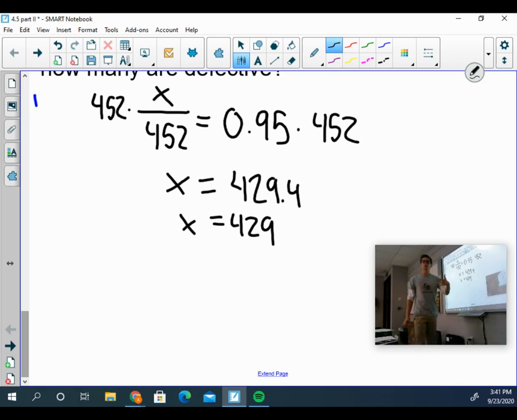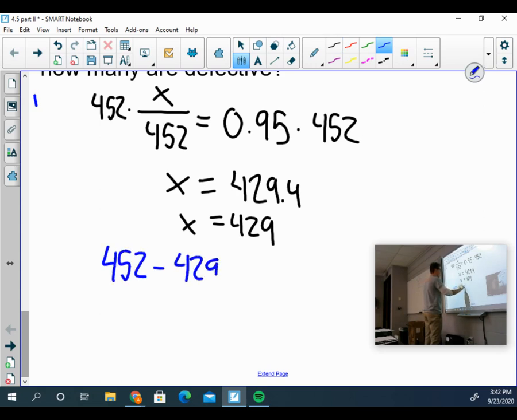How do I figure out the defective ones? Use the complement. If there's a 95% chance that a laptop's working normally, and there are 452 in the store, and we use that logic to figure out that 429 are most likely working normally, then we can do 452 minus 429, and that will give us the amount that most likely are defective.